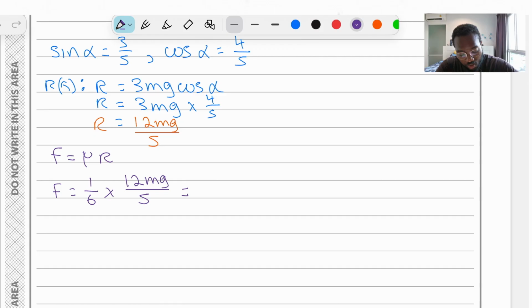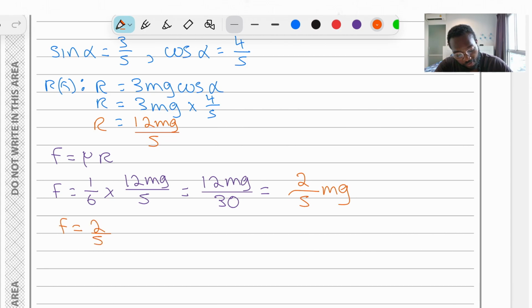We get 12mg/30, which cancels down to, you can divide both by 3, so that will be 4 over, oh wait, no, what am I doing? Not just 3, can divide by 6, so that will be 2/5mg. So we know that F, our frictional force, is going to be 2/5mg. Okay, so that is our F done.